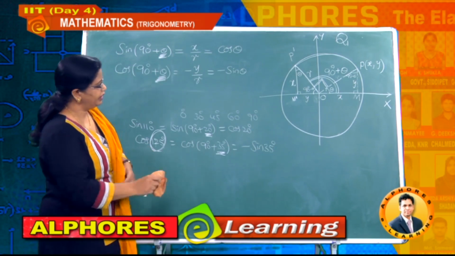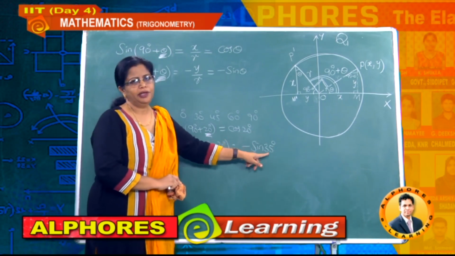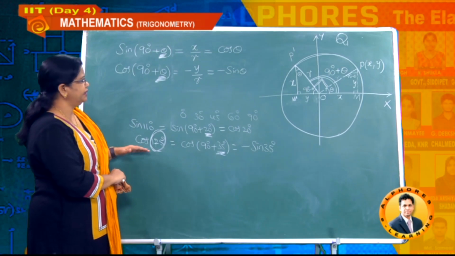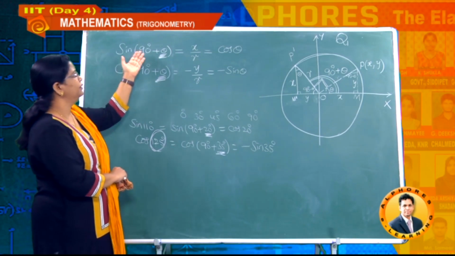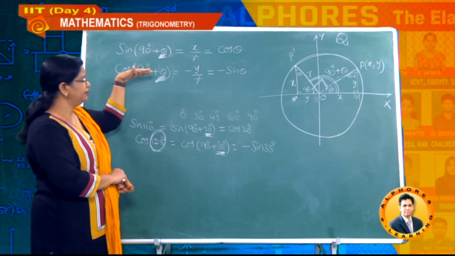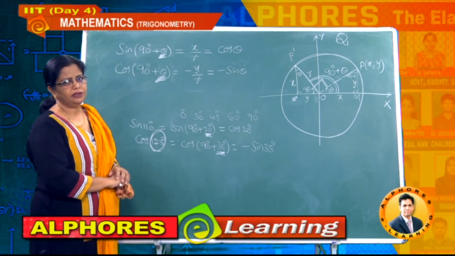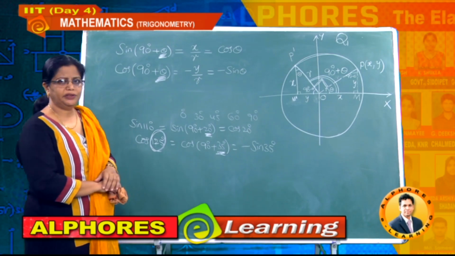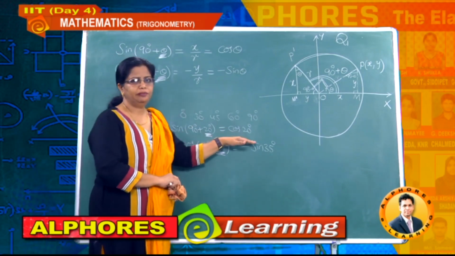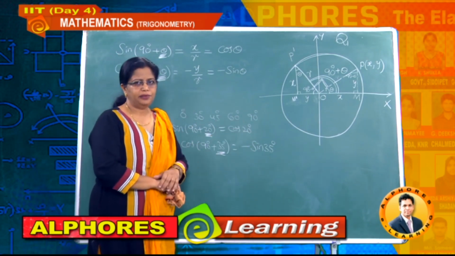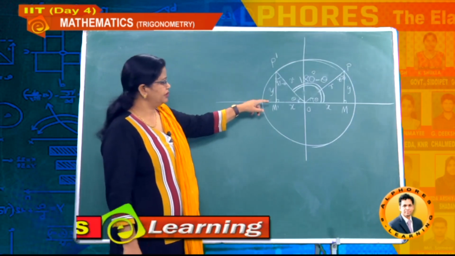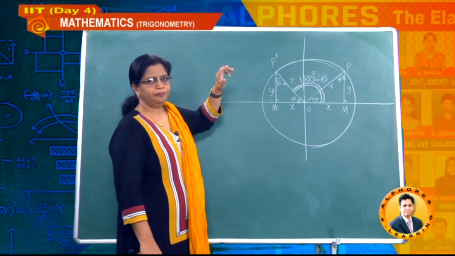So you got the value in terms of what again? Acute angle. So that is the reason why we are finding 90 plus theta. Later we are going to find 180 minus theta, 180 plus theta also. The reason behind all this is we want to convert them in terms of smallest acute angles. Okay. Now students, let us see this diagram.